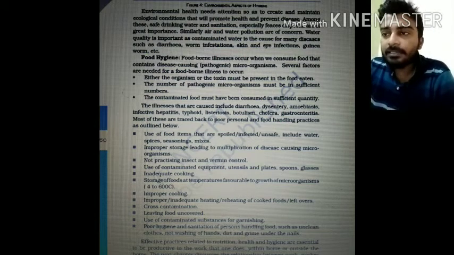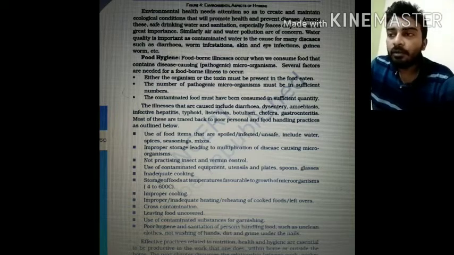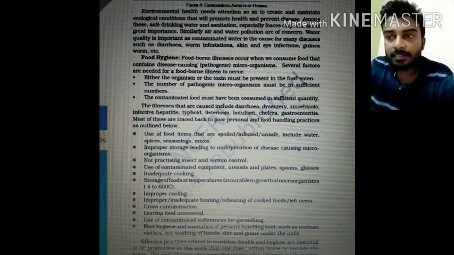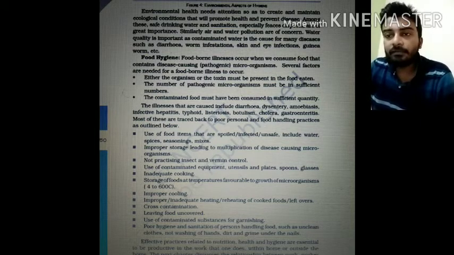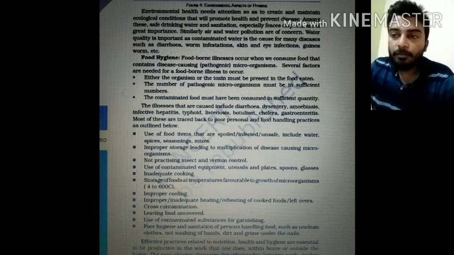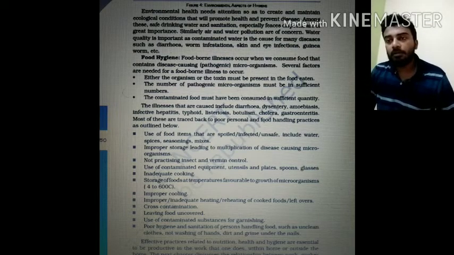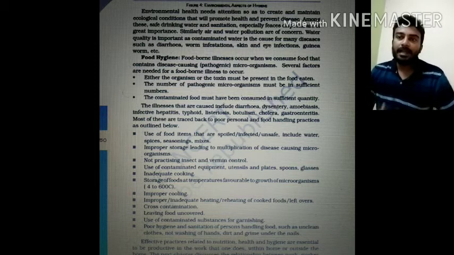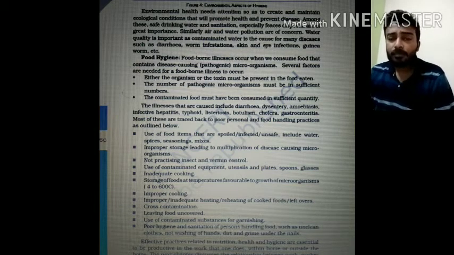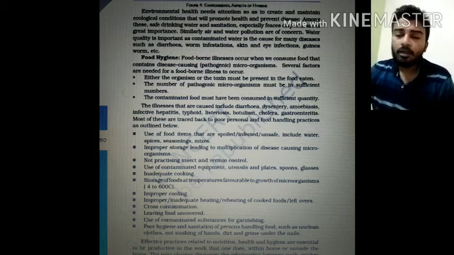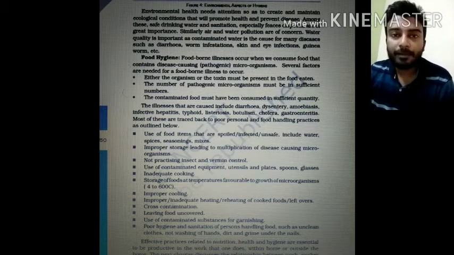Foodborne illnesses occur when we consume food that contains disease causing pathogenic microorganisms. Several factors are needed for a foodborne illness to occur. So food hygiene depends upon the foodborne illnesses that occur when we consume different kinds of food which contain these pathogenic microorganisms.